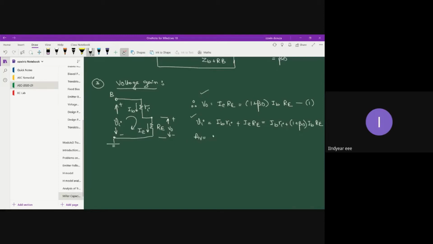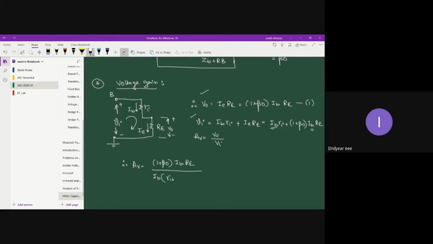What is voltage gain? Voltage gain is the ratio of output voltage to input voltage. So therefore AV is equal to V naught. So V naught is 1 plus beta D into IB into RE, divided by VI, which is IB is common. So let me take IB outside the bracket.